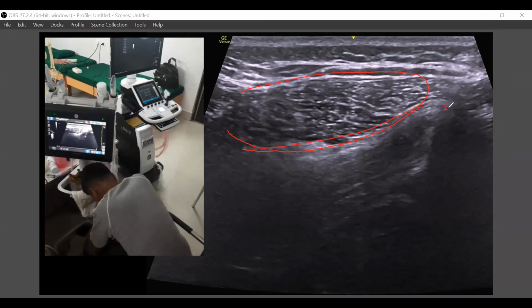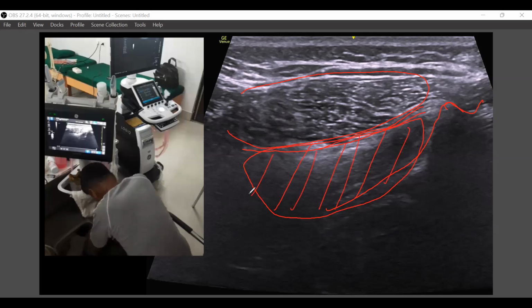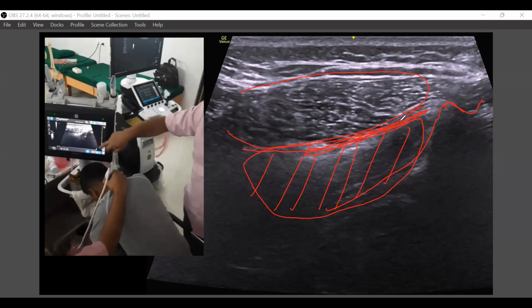This is your bifid spinous process, and this muscle is your obliquus capitis inferior. Now we have to search in between these two fascial layers, and it will be very nicely seen. When we make it oblique, I'll be seeing this obliquus capitis inferior muscle both in long axis as well as in short axis.